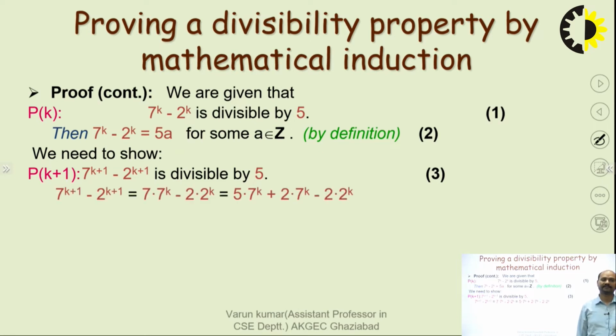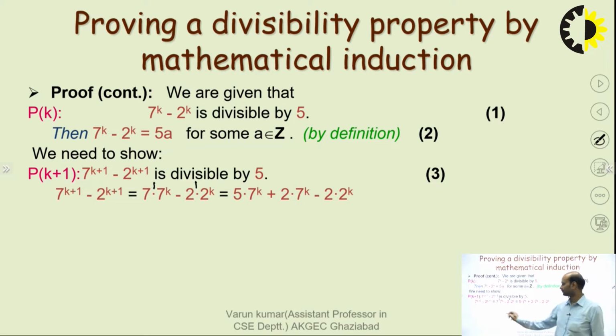Then 7^(k+1) minus 2^(k+1), we rewrite this equation like this: 7^1 and 7^k, after multiplication, becomes 7^(k+1), and similarly 2^1 and 2^k is equivalent to 2^(k+1).